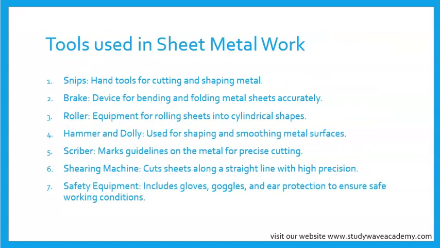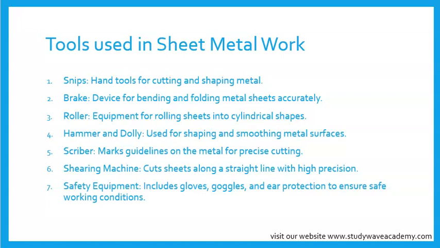Next, we're going to be looking at tools used in sheet metal work. Okay, tools used in sheet metal work. These tools are the cool gadgets used when working with metal, when playing with metal, okay? Snips, tools for cutting and shaping metal.